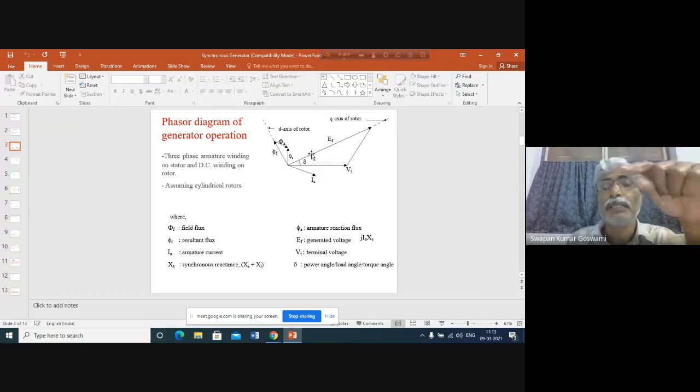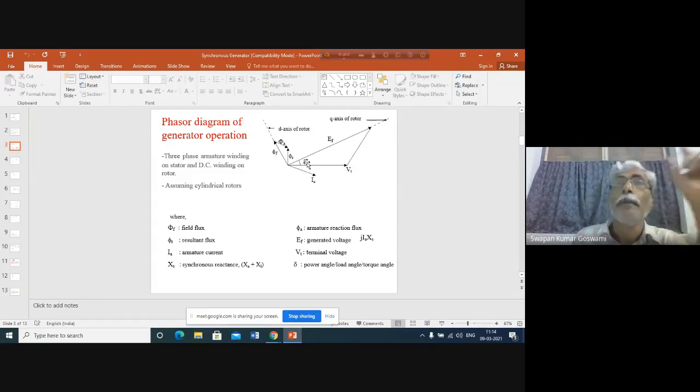If, on the other hand, you reduce the input to the generator through the prime mover, then what will happen? The generator rotor will rotate at a lower speed with respect to the synchronous speed. Vt is rotating at synchronous speed, and EF is now rotating at a speed less than synchronous. As a result, these two phasors will come closer, so delta will decrease.